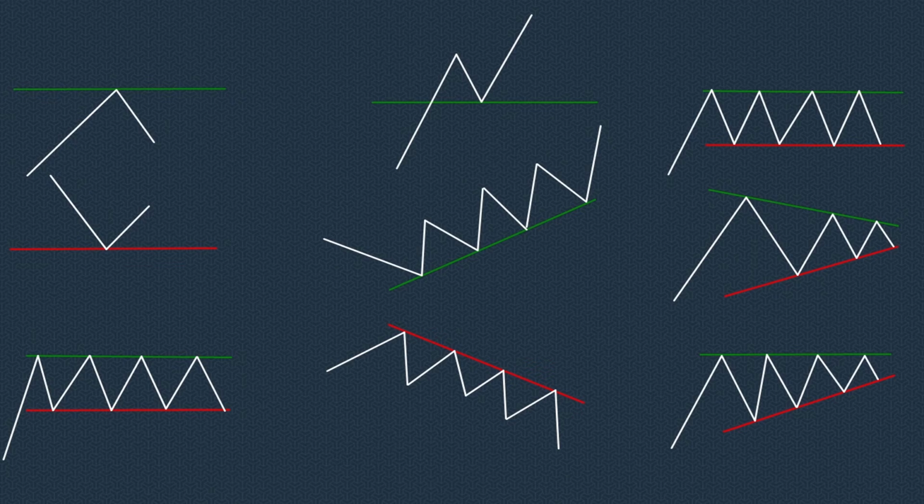In other words, before the triangle there is an impulse, so you can see here. So we have the impulse first, then some participants closing their positions on the level of resistance, and they continue trying to push the price higher, however, not having enough power every time.